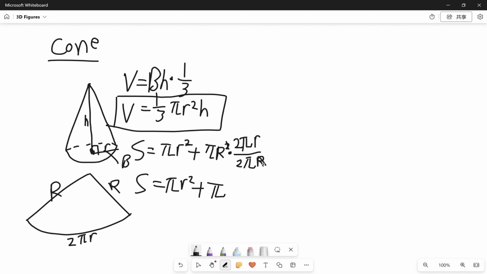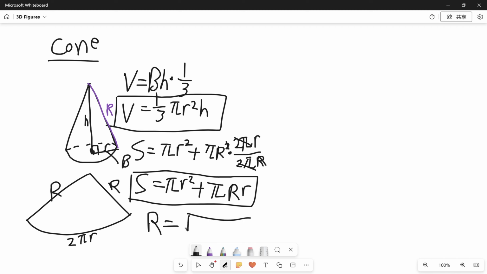So what you get here is that S is equal to pi r squared plus, the 2 pi's cancel out, pi big R times little r. That's actually the surface area. That's pretty interesting. So what about this length here?